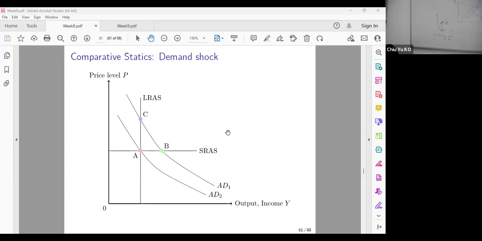The Federal Reserve likes increased output, that's okay, but they don't like inflation. So what they're going to do is try to deter this by controlling the money supply, such that this AD doesn't shift that much. In that case, the inflation is controlled within their ideal point. That's why the central bank does it this way. Everything can be explained very nicely in this model.